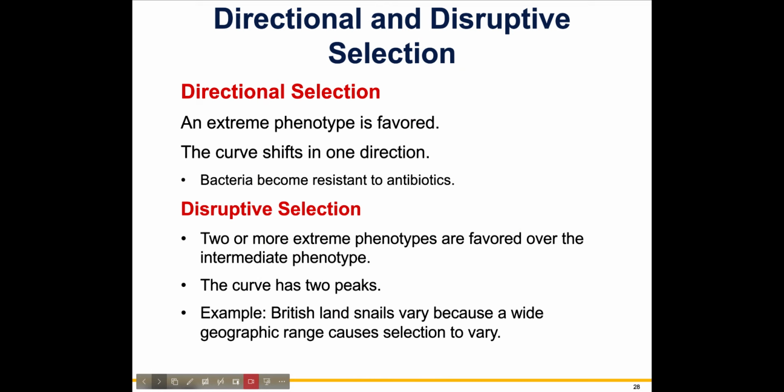If you are a snail that lives in the forest and you have a dark coat or a dark shell, then you're able to hide in the leaf litter. If you are a land snail in that grassland and you have a light colored shell, you're able to survive and hide in the grass. But if you have that middle color that's kind of stripy, not dark, not light, you are eaten in the forest, you are eaten in the grassland, and you are not selected for.